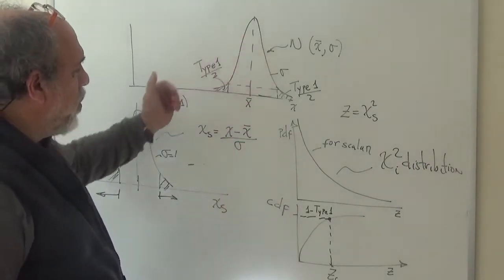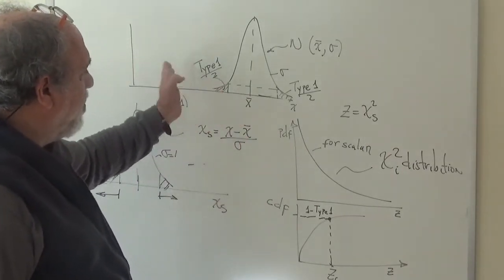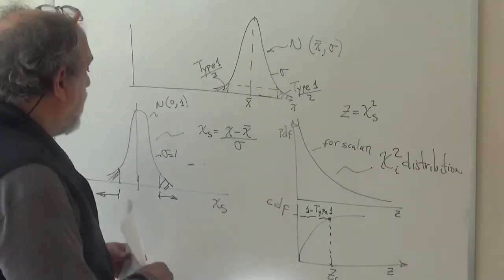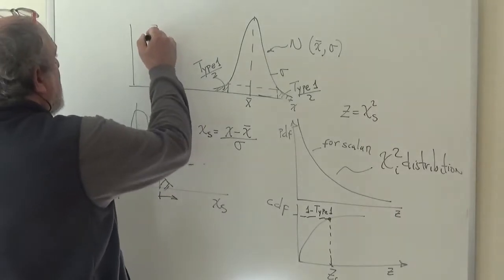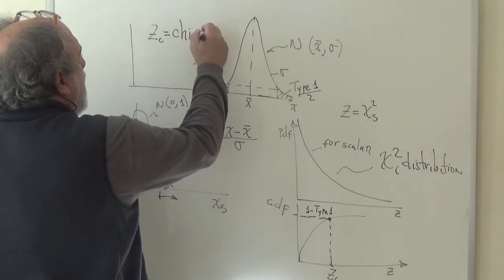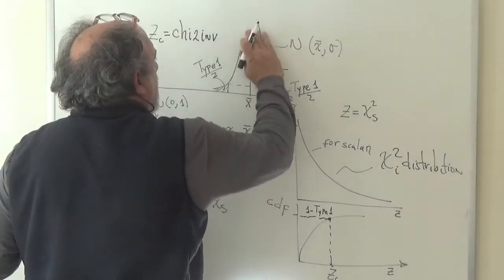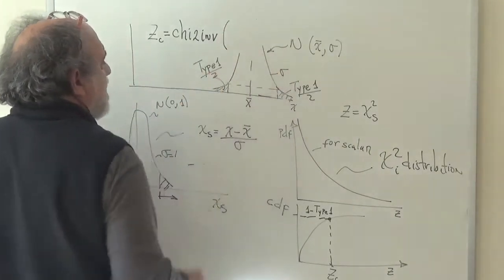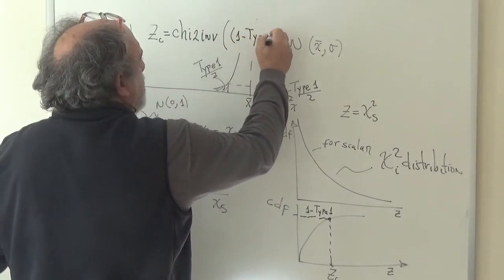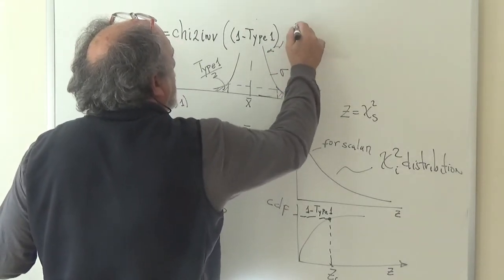So, in essence, if instead of the Gaussian we wanted to use the chi-square to decide what is not a usual observation, we would simply do this in MATLAB. We would say z critical is chi squared inverse, parentheses, 1 minus type 1 error, comma, 1.